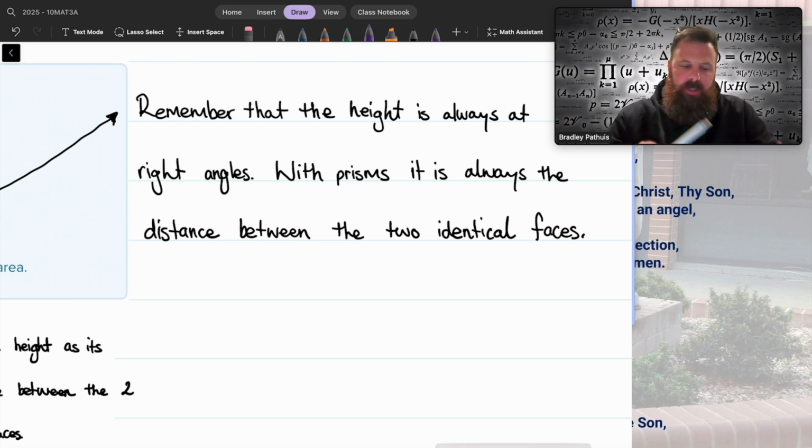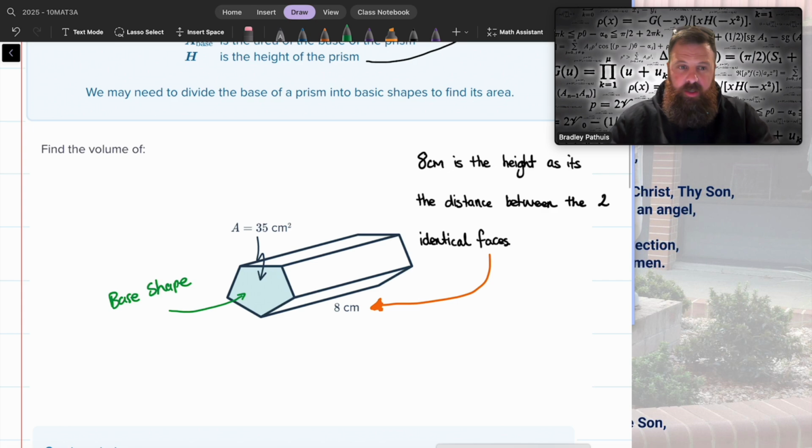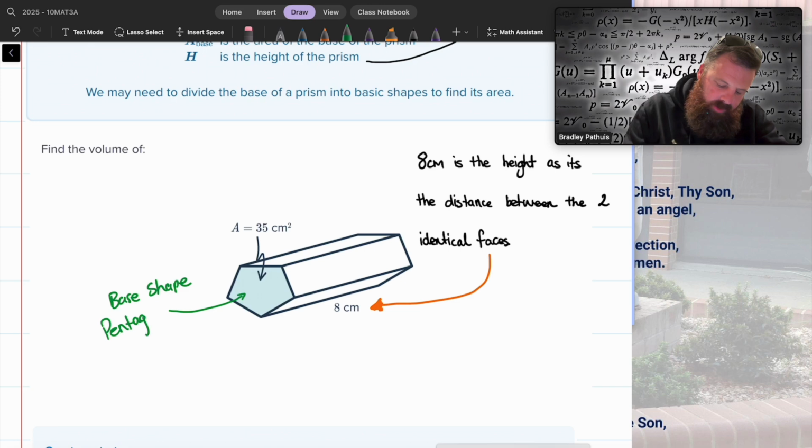So let's look quickly at an example that's been typed out for us, and then we'll go through and create our own examples, pausing the video along the way. Right, here's an example that's been done already. This shape, I'll call a pentagonal prism, because its base shape is a pentagon, a five-sided shape.